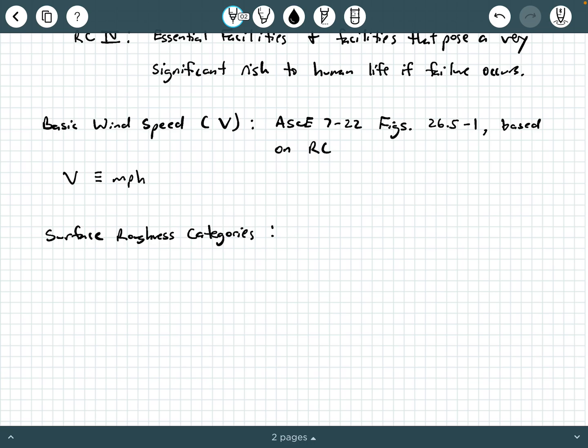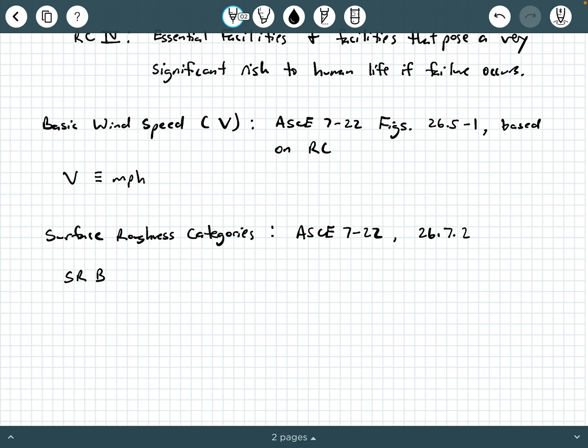Okay, and again, if you're referencing ASCE 7-22, this is going to be section 26.7.2. All right. Now, there are 3 surface roughness categories that we're going to be interested in. Okay, that's going to be surface roughness category B, C, and D.